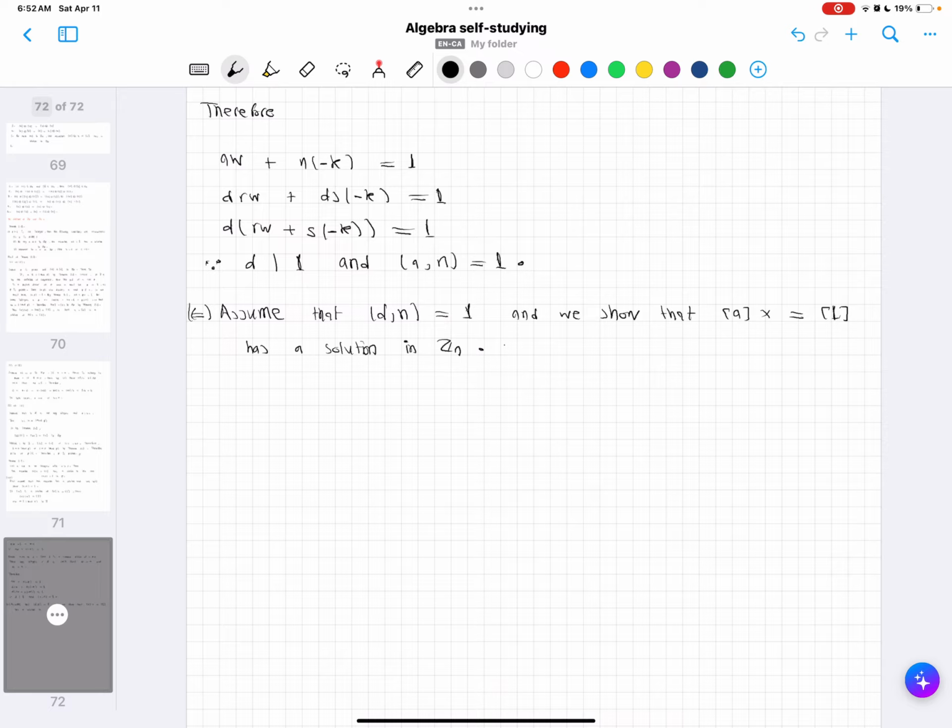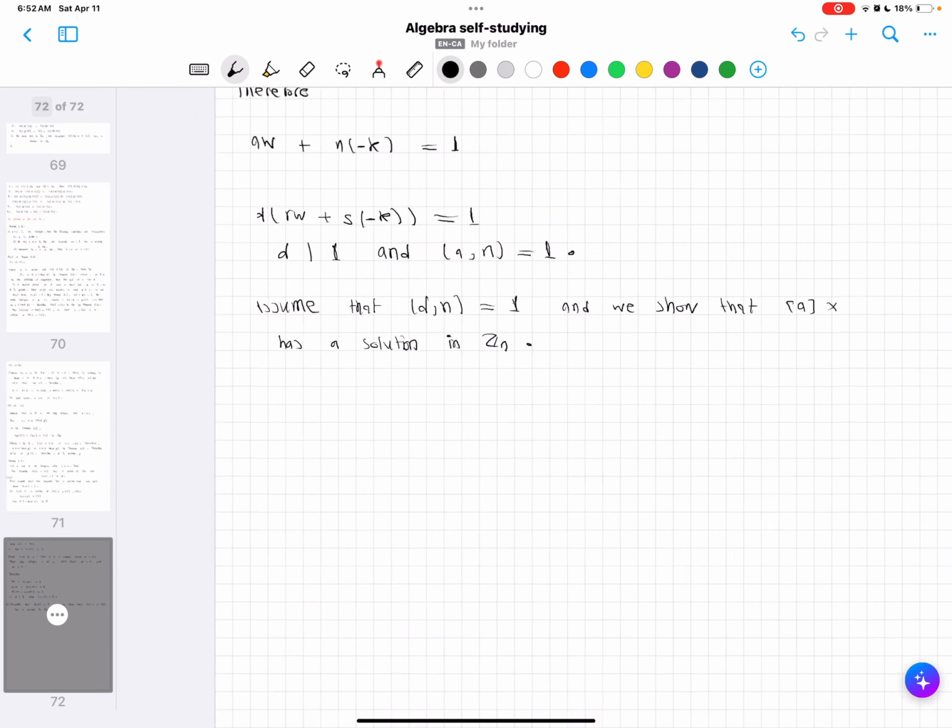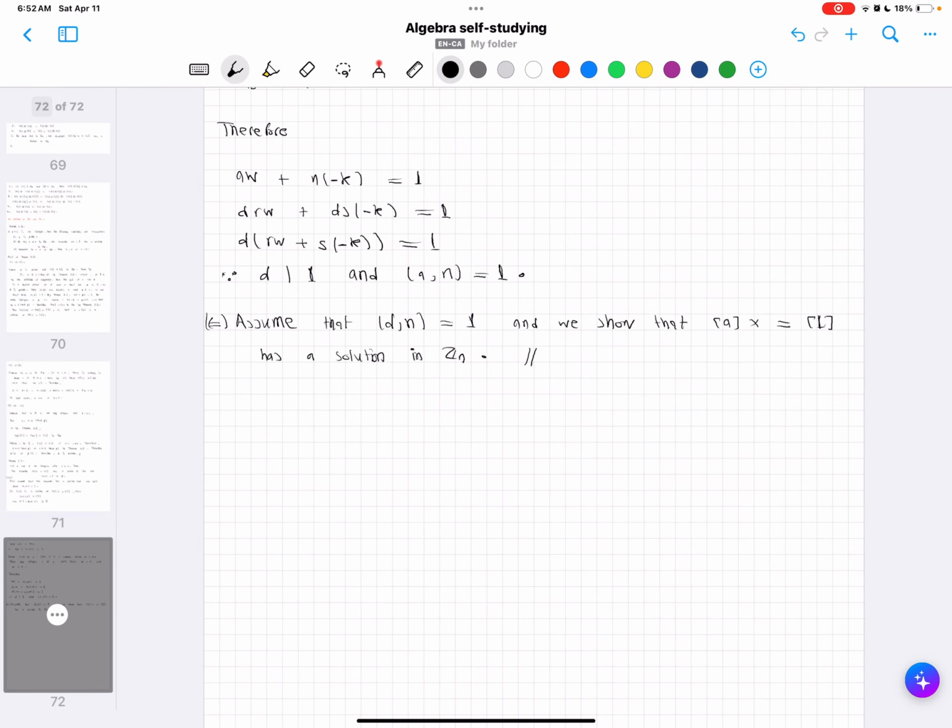We've already done this before, but since the GCD of a and n is equal to 1, by Bezout's theorem we can rewrite things, and so we get this equation here and we would be done. So I wanted to explain it quickly, and here it is.